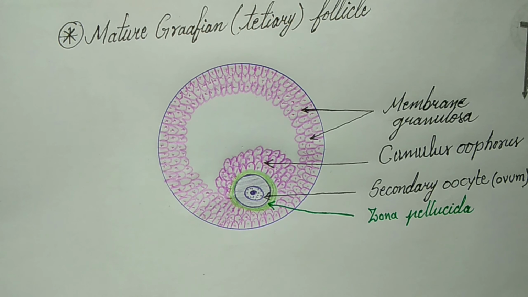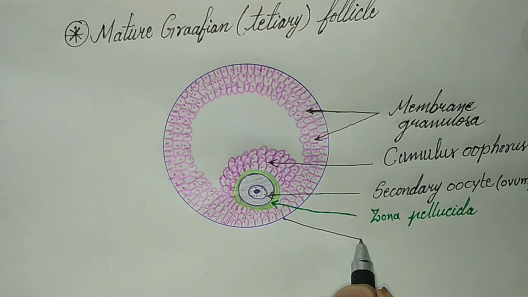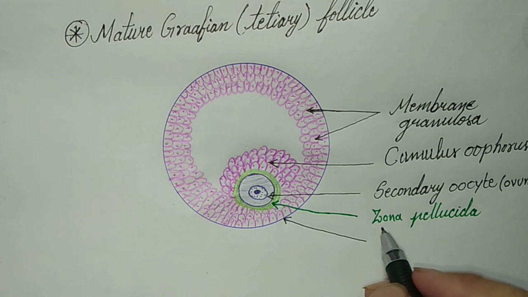From the peritoneal cavity, the ovum is rapidly drawn into the uterine tube.